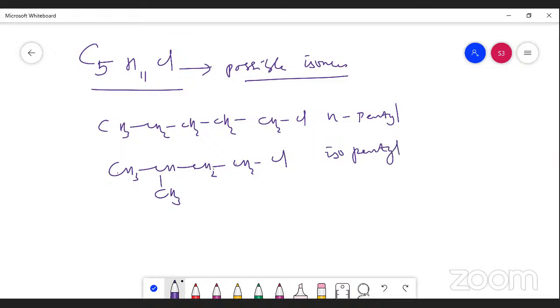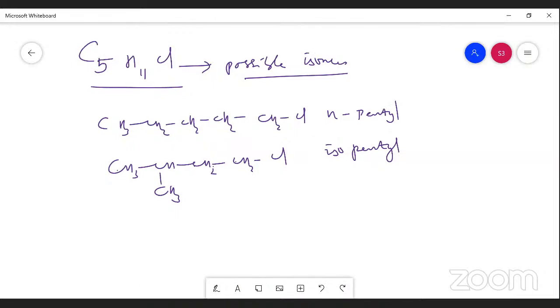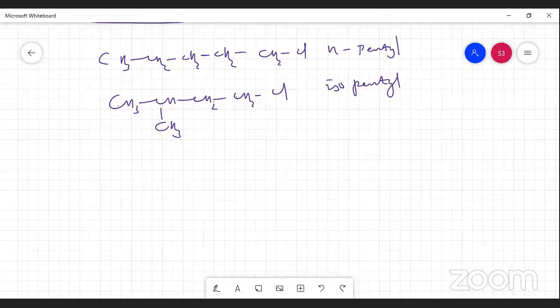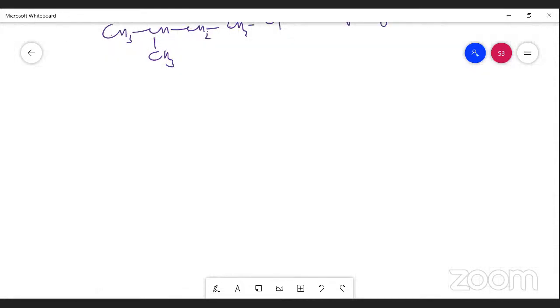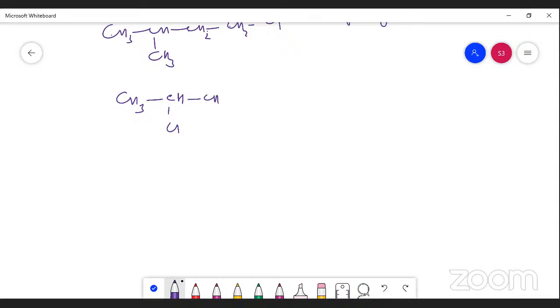Next, you see here the next concept. After this N-pentyl and isopentyl, next we can go for secondary pentyl. What is secondary pentyl? You see, CH3, CHCl, CH2, CH2, CH3.